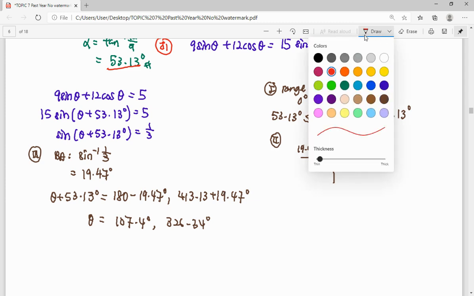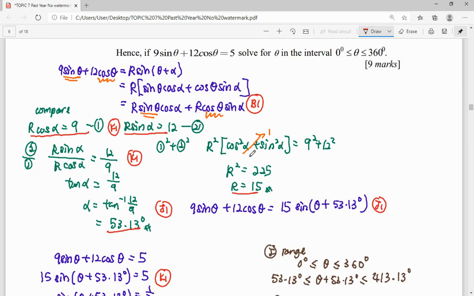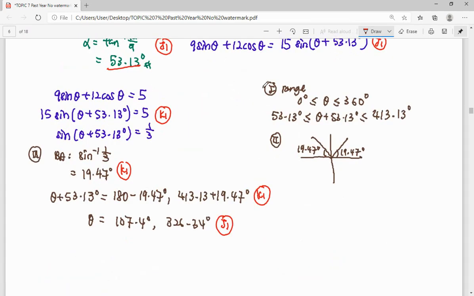So what is important here, we can see applying our part 1 answer into the single trigo term here, that will be our concept, and we need to find our basic angle and find the corresponding quadrant solutions. Then lastly, simplify to theta as the question asks us to do. So here is our nine marks for question 8.